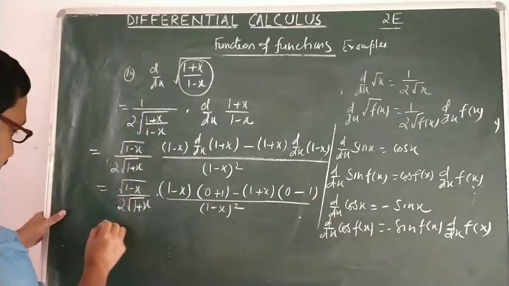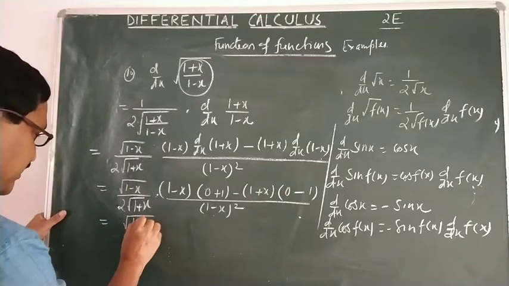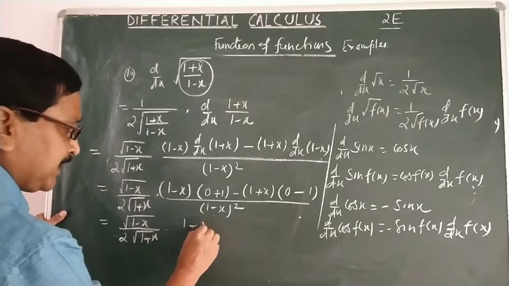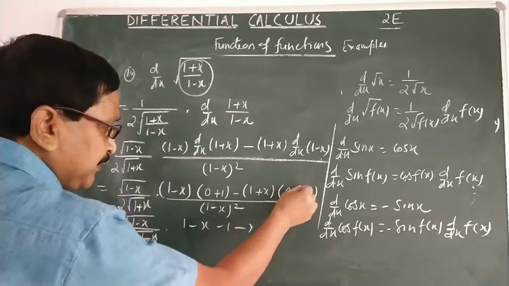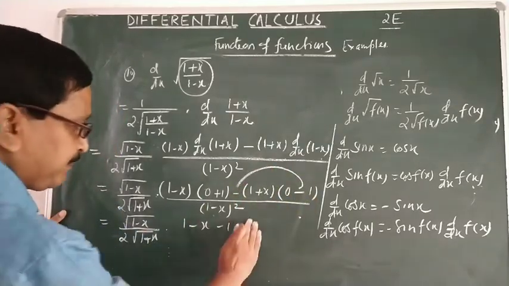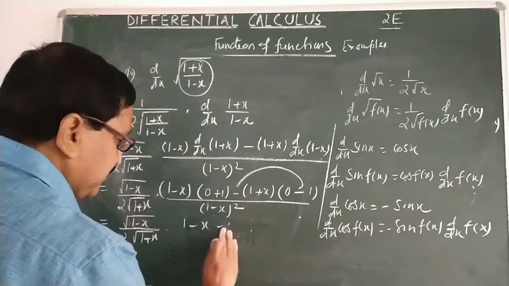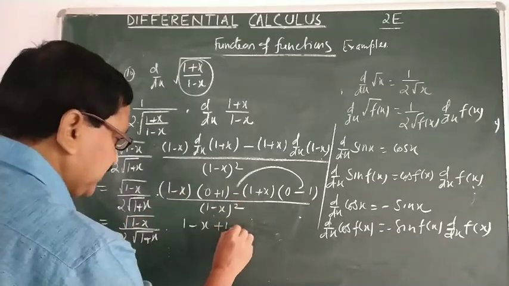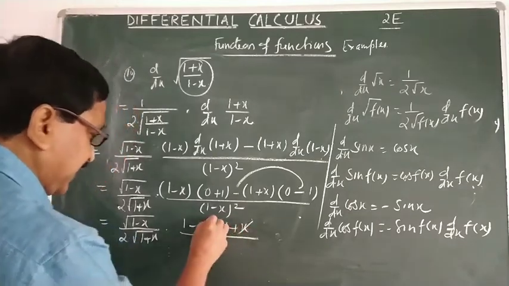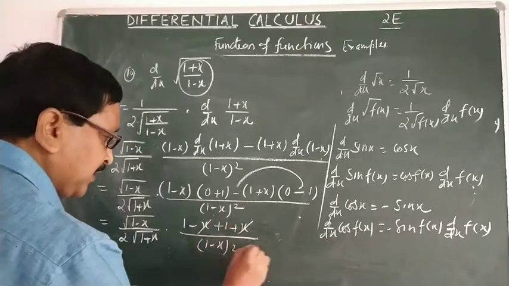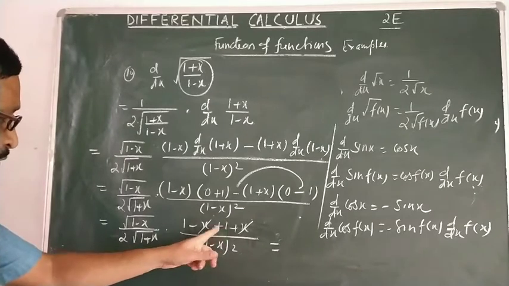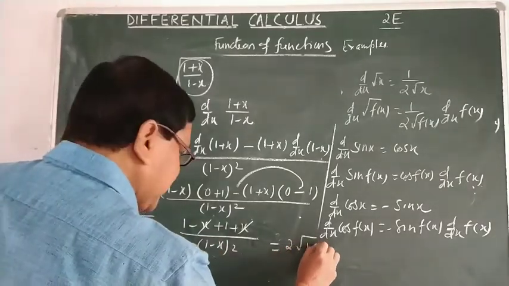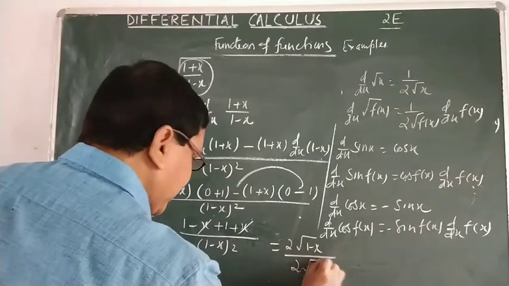We are close to the answer now: root (1 minus x) by 2 root (1 plus x). And this is (1 minus x) minus, due to this minus it becomes plus, so (1 minus x) plus (1 plus x), x cancelled, over (1 minus x) whole square. So our final answer is 2 times root (1 minus x) by 2 root (1 plus x).